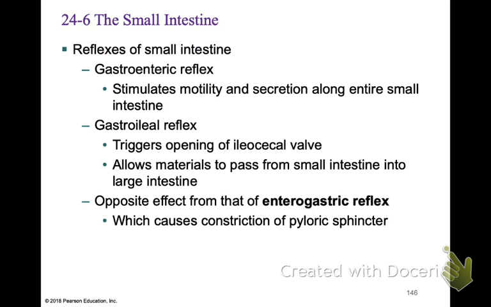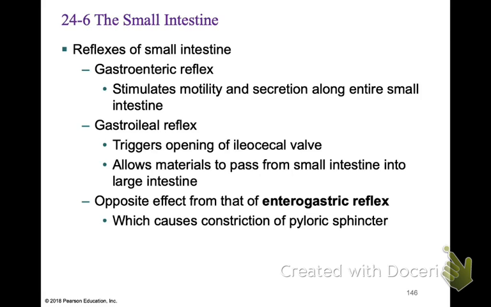But there are some central nervous system reflexes, the gastroenteric reflex and the gastroileal reflex. These start in the stomach. That's what gastro tells you. So anytime you have food in the stomach or digestive activity in the stomach, it actually is going to stimulate the intestine and the ileum, and it's just going to move stuff along faster.